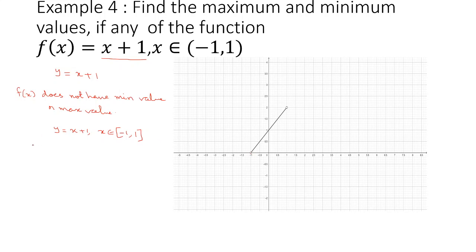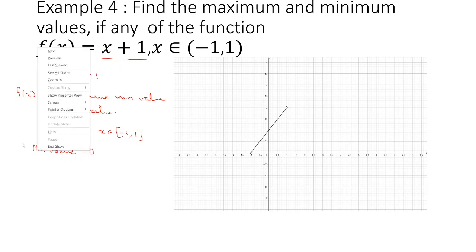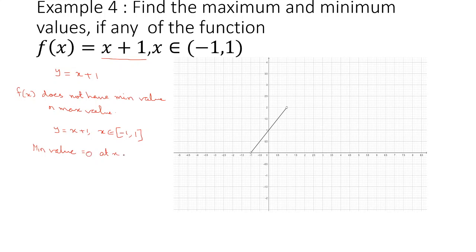The minimum value is 0 at x equals minus 1, and the maximum value is 2 at x equals 1.